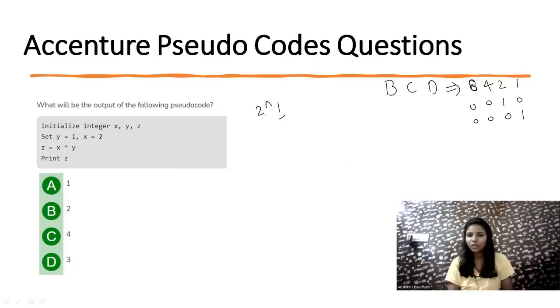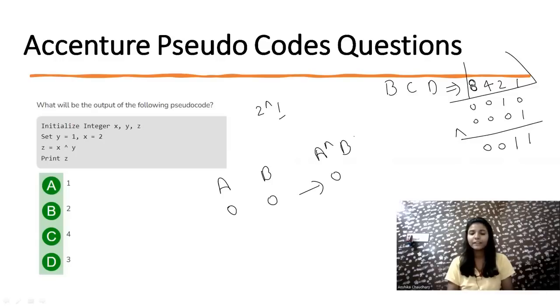Now we have to perform the XOR operation on these. 0 0 1 0 and 0 0 0 1. What is the XOR operation? Suppose this is A and this is B. If the value of A is 0 and the value of B is also 0, then A XOR B gives 0.